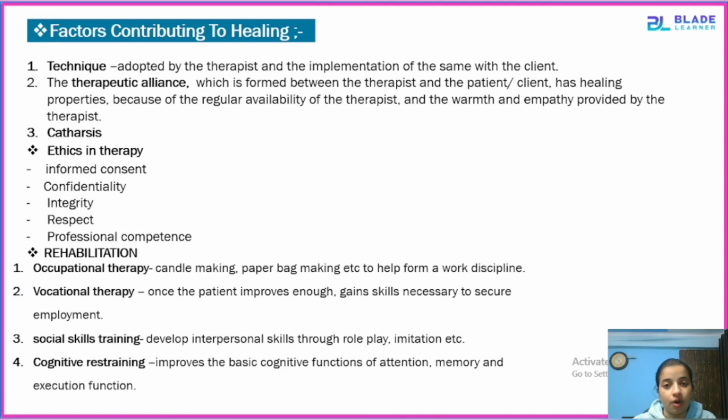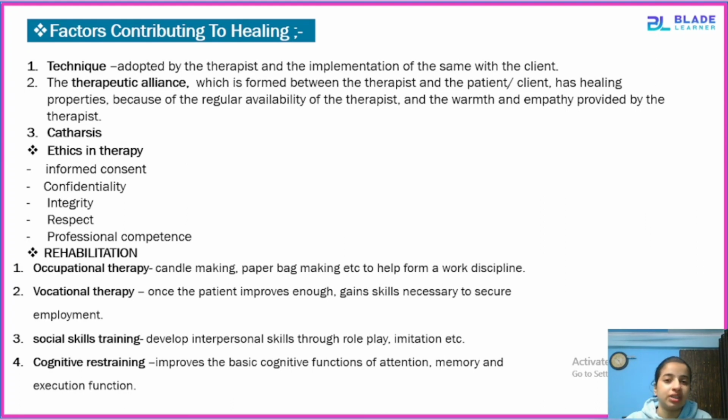So this is professional competence. You should be capable of doing the job you claim to be doing. And how will you prove that? When you have the qualifications. And respect is, you have to respect the client, the client will respect you. This is a very basic thing. Respect goes both ways.